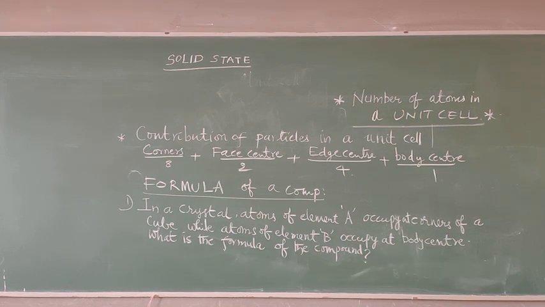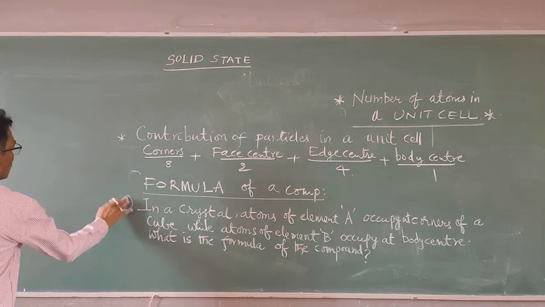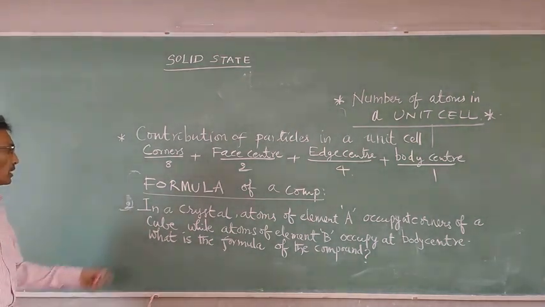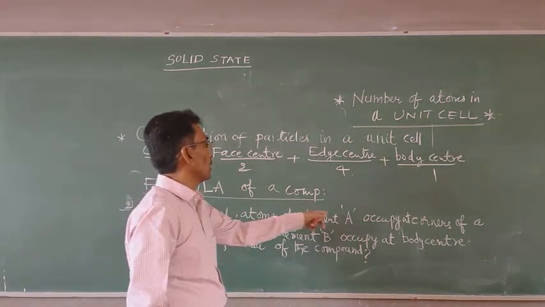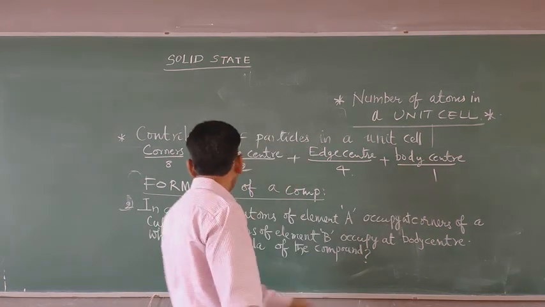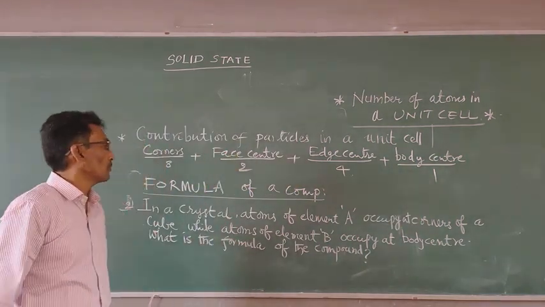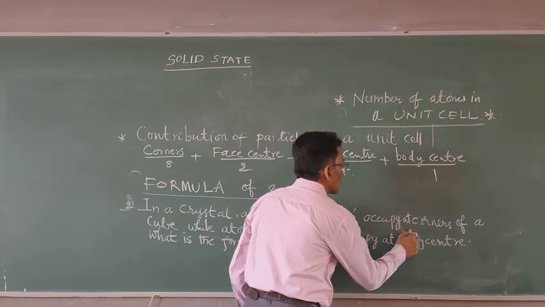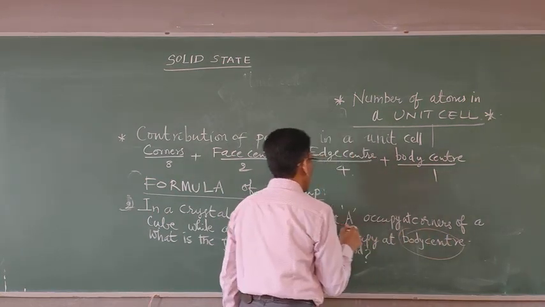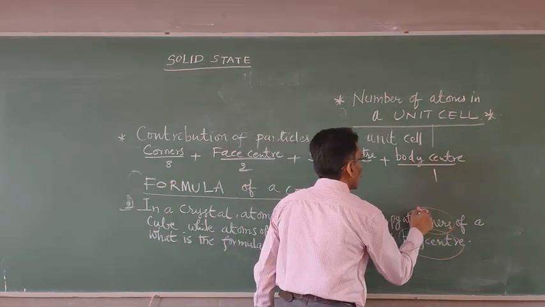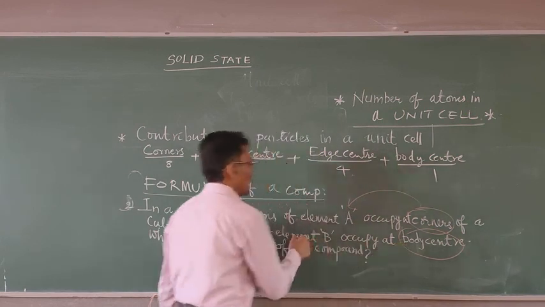Yes, observe another problem, dear students. In a crystal, atoms of element A occupy the corners of a cube, while atoms of element B occupy the body center. A is at corner and B is at body center.